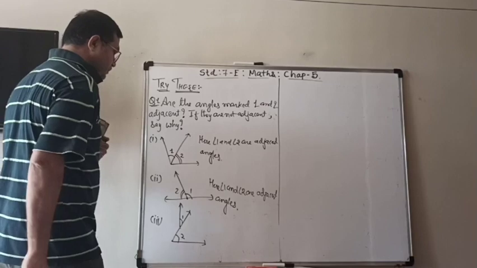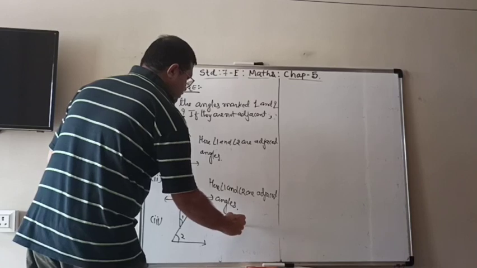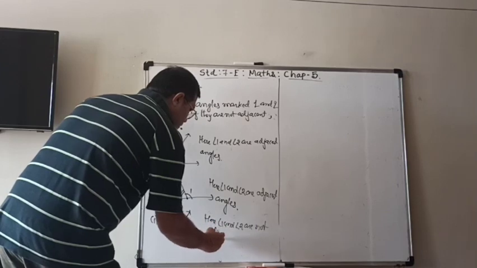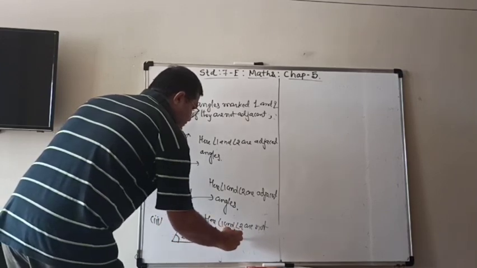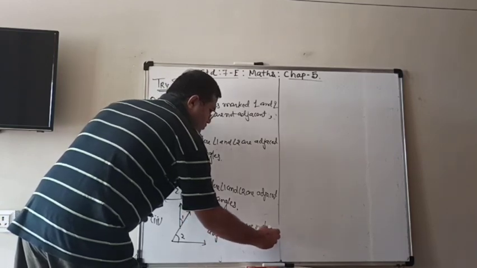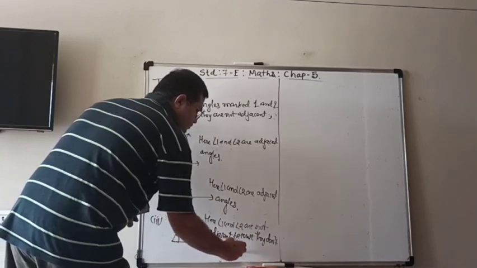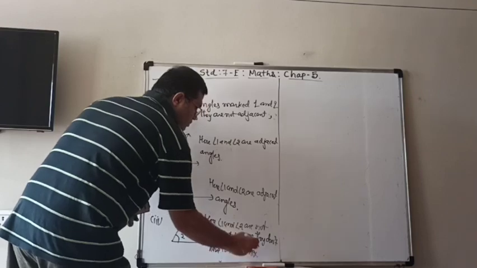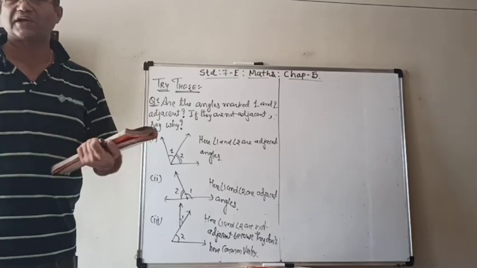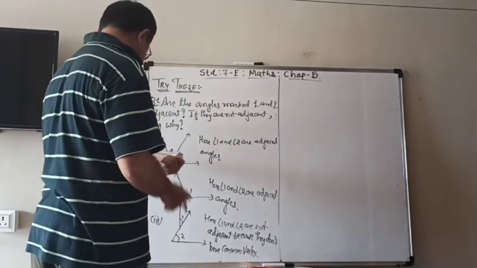So here angle 1 and angle 2 are not adjacent, because they don't have a common vertex. We don't have to check the common arms or the non-common arms on either side, because one condition is not fulfilled, which means they are not adjacent angles.